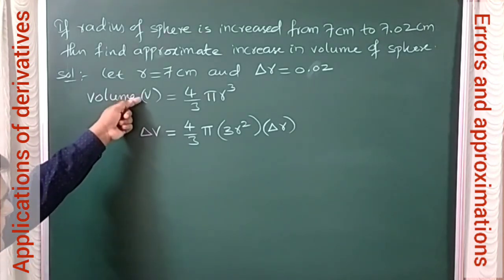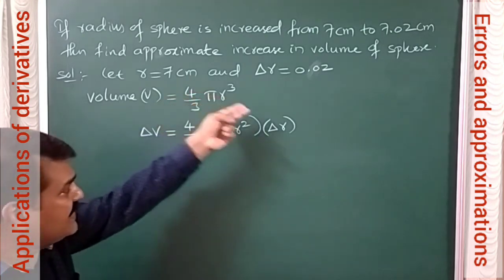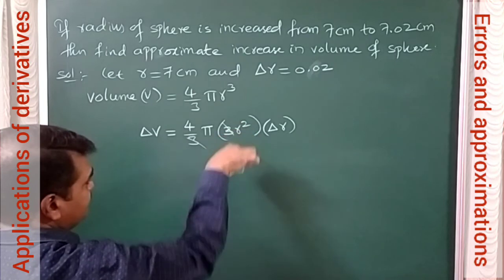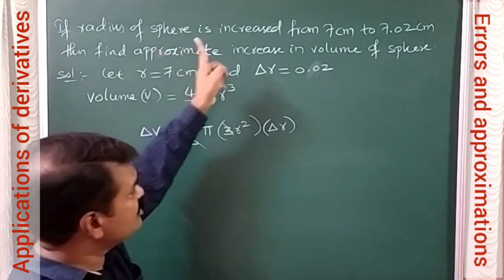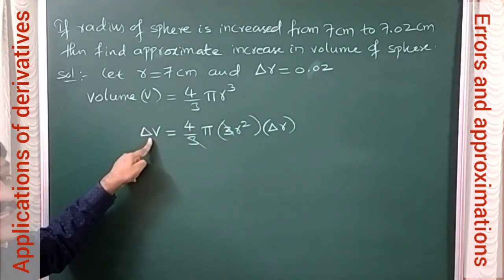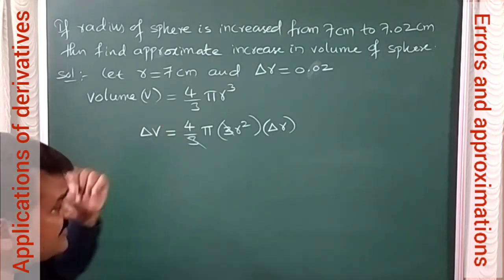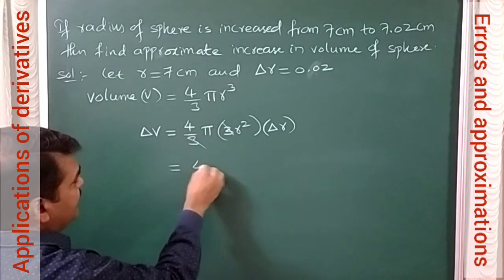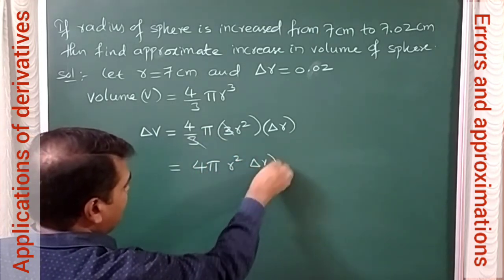So instead of writing dv by dr, we write delta V here and delta r here. So these 3 I can cancel. Delta V itself is required. Approximate increase in volume, or error in volume, is delta V. So delta V is 4 pi into r square into delta r.